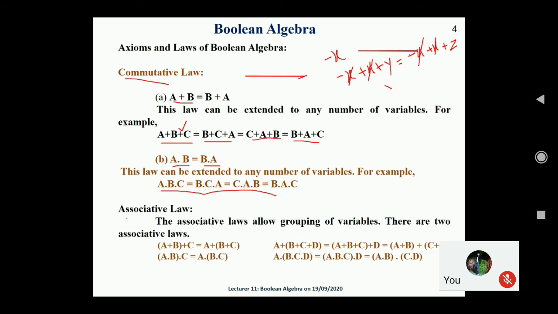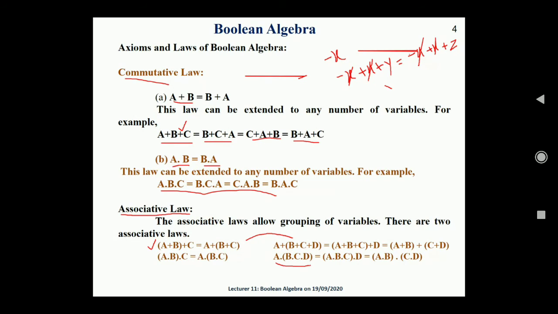Next one is the associative law. Associative law means allowing grouping of variables. There are two associative laws. It extends to more than 3 variables, and we can extend it to 4 variables.